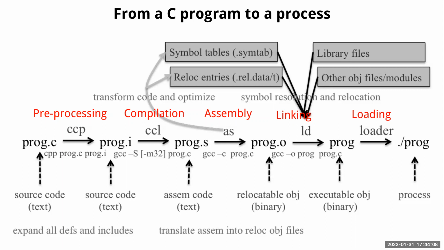Its source code is human readable, but it cannot run directly on any machine. So we need a compiler to convert it into an executable that consists of machine instructions.